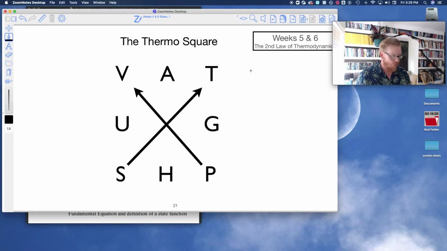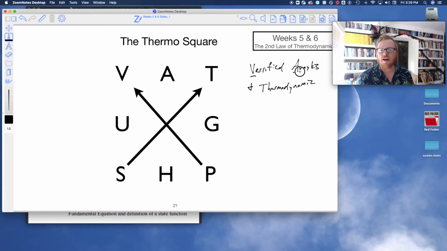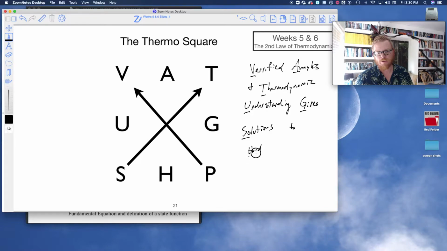My thermo instructor from grad school taught us to remember it by: verified analysis of thermodynamic understanding gives solutions to hard problems. Okay. VAT, UG, SHP.